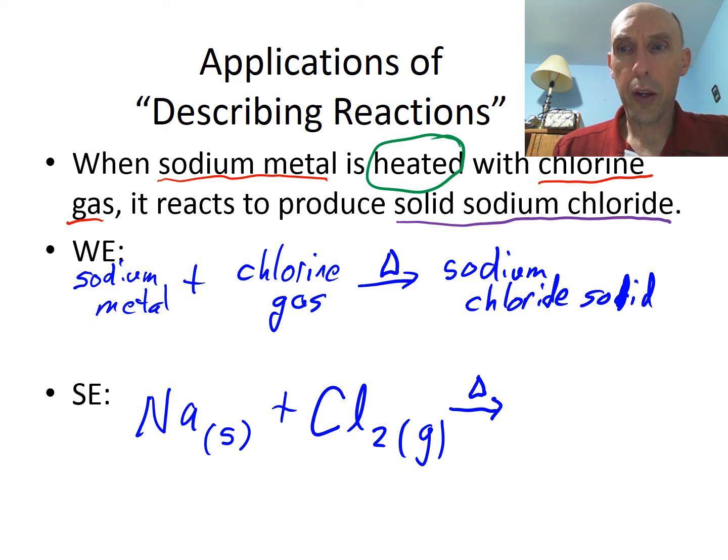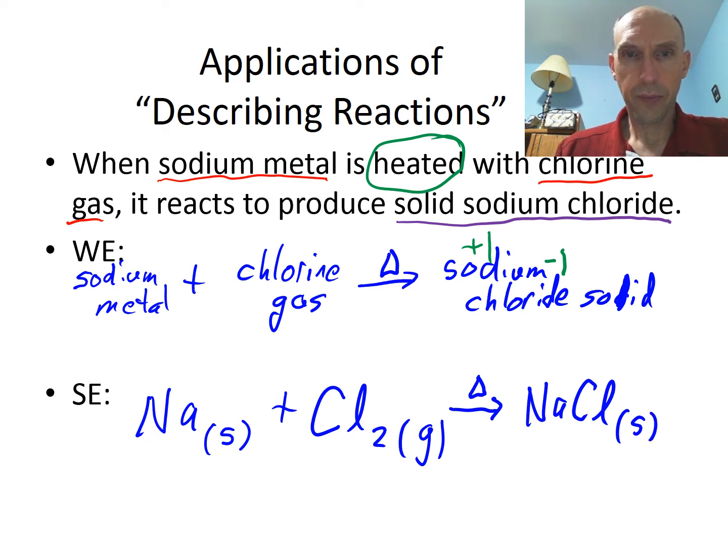Remember that sodium is +1 because it's in group 1 of the periodic table. Chloride is -1 because it's in group 7, so it needs 1. That means we have one of each, so it's NaCl. And because it's solid, it's an S. All right, if you need to get anything else written down, pause the movie here, and on we go to the next slide.